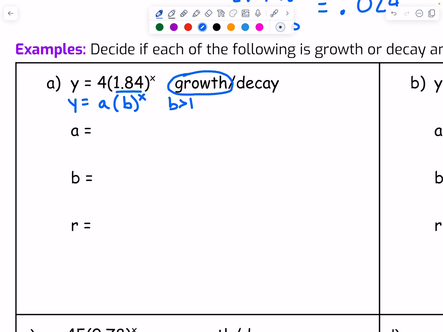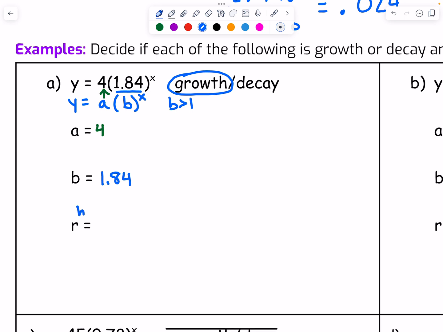So that means this is a growth function. A is my initial amount, so that is the 4. B is the 1.84, the base, which told me that that was growth. Then the rate is how much bigger than 1 it is, because this is growth.